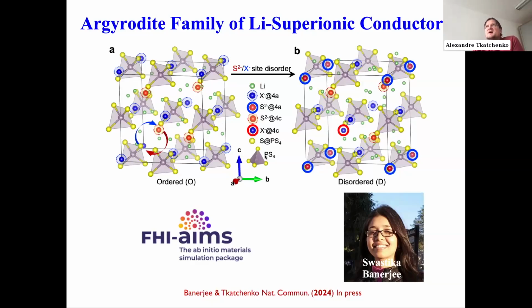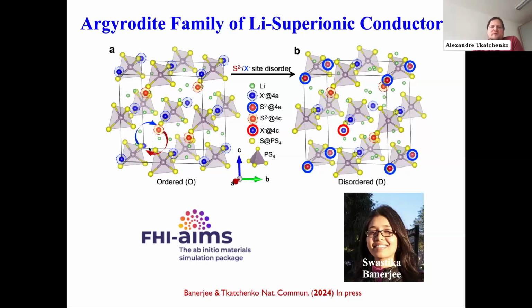And so, as you can imagine, this combination of four components, four elements, can give rise to a large chemical space and a wide set of properties of these materials in terms of both the stability and the mobility of lithium ions through these materials.